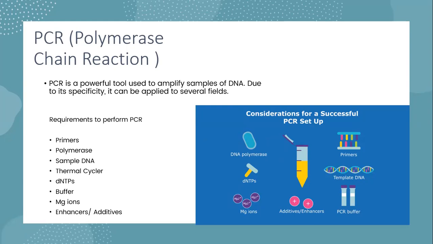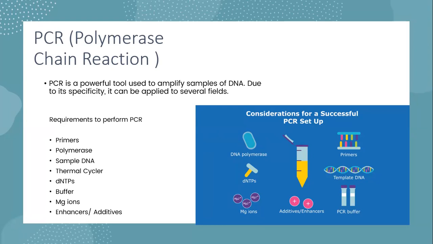Polymerase, as we saw in DNA replication, is the enzyme that will be adding the nucleotides to the strand. And obviously we need a sample DNA. I'm just using the PCR test, for example. When they push the swab in your nostril, it is to get some DNA sample. That is what they would use to run the PCR test.